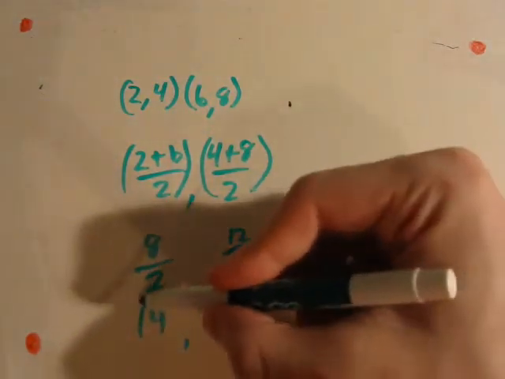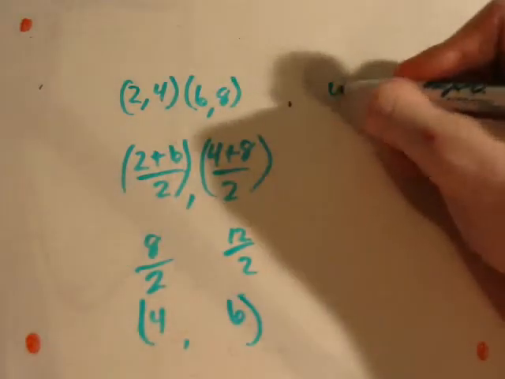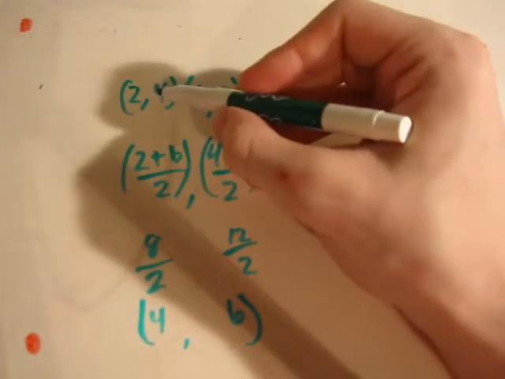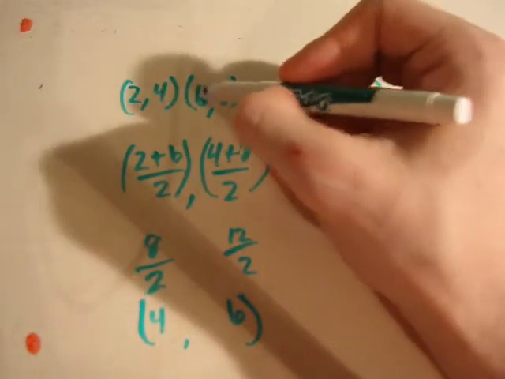The coordinates is 4, 6, which is the midpoint between a line connecting 2, 4 and 6, 8.